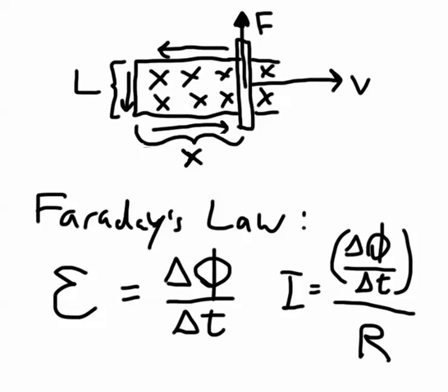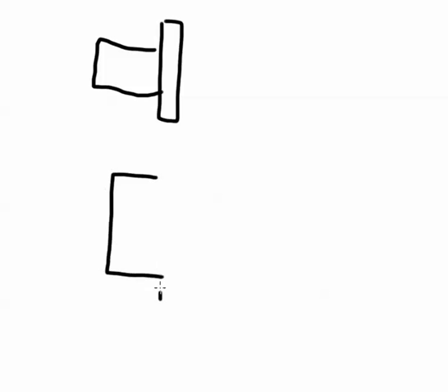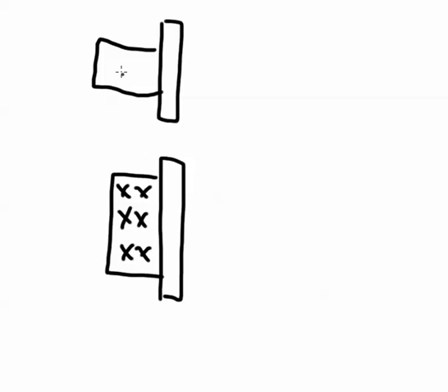So for example, let's suppose I have two loops like this and another one that's like this with a longer bar. And suppose they have the same magnetic field in them. And I'm going to move the two bars at the same speed, v.